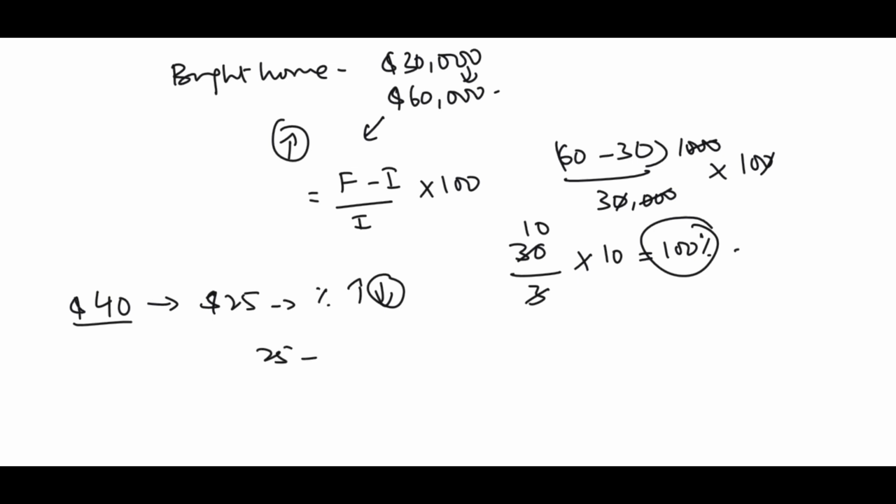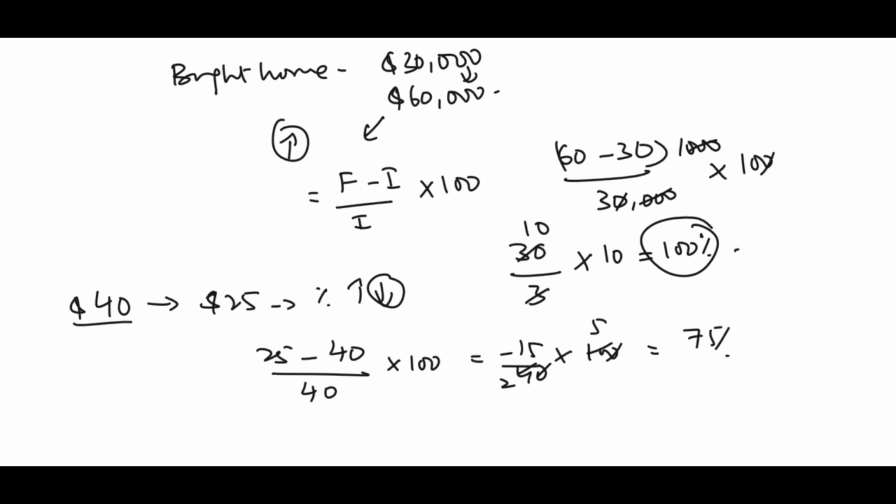Final is less than initial, so of course it will be a negative sign. Divide by initial, which is 40, multiply by 100. The negative sign indicates that the percentage has decreased. 15 times 5 is 75, 75 over 2, so 37.5 negative percentage.